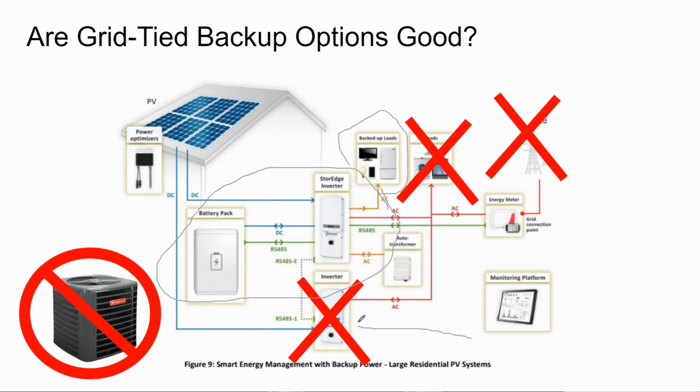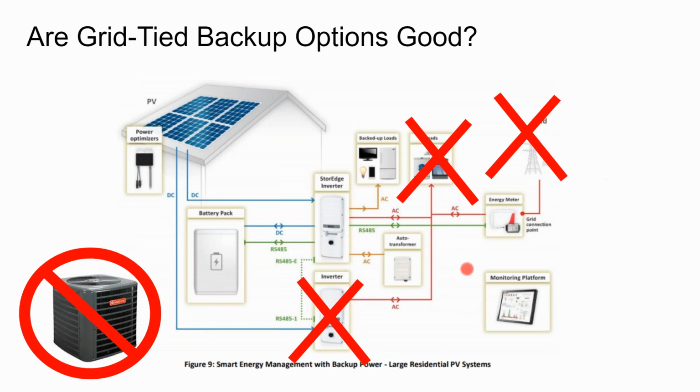And the thing is, your batteryless inverter needs to see power to turn on because of its grid-tied protection. So the inverters have protections built into them so that if the grid goes out, the inverter turns off.